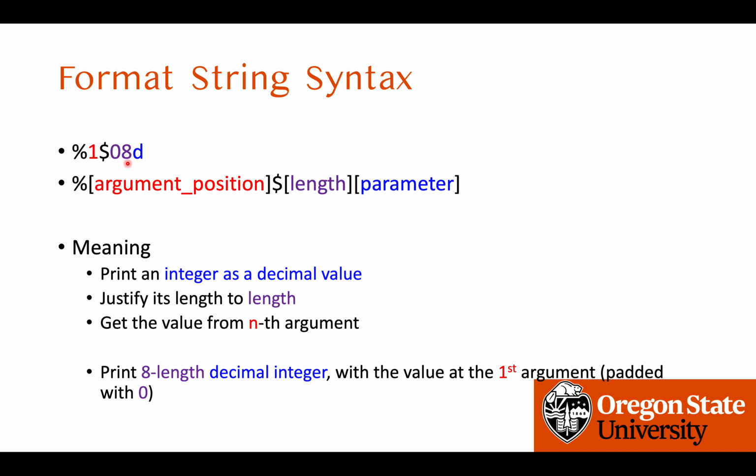If we remove this 0, then it will print out 7 spaces and then the number 1. But if we put 08, this 0 means zero padding, so it will be padded with 0 and printed in 8 characters: seven 0s and the number 1. So there is some syntax that we can utilize for controlling the number of characters that we need to print, and also which argument we want to use for that directive.